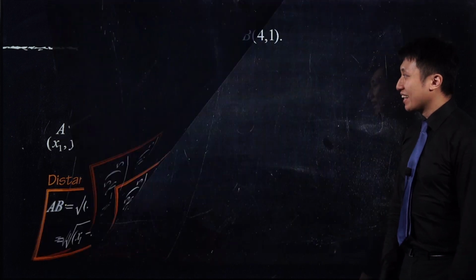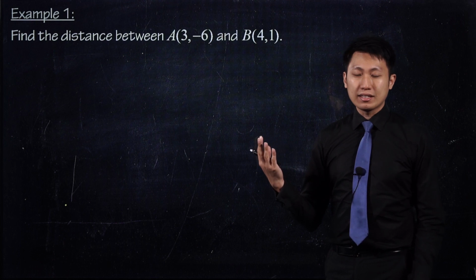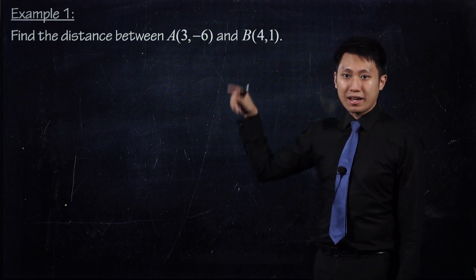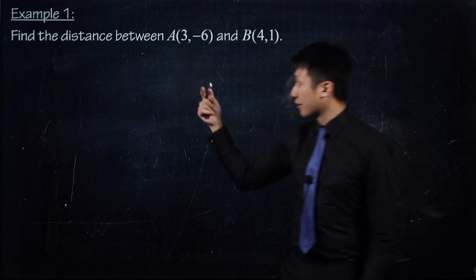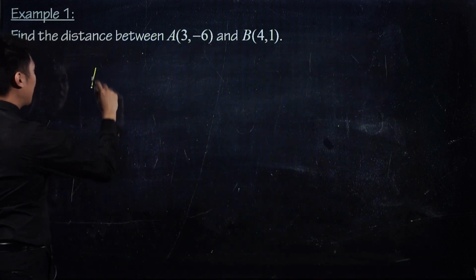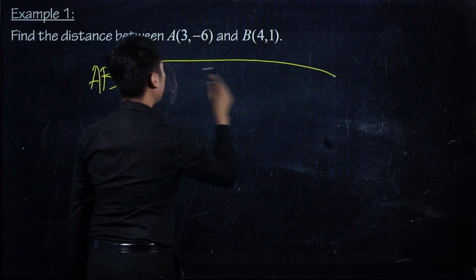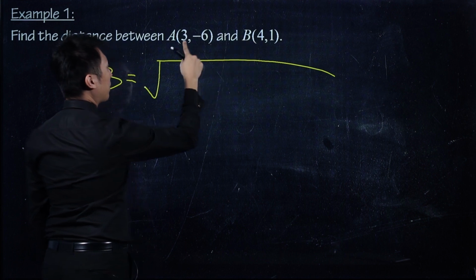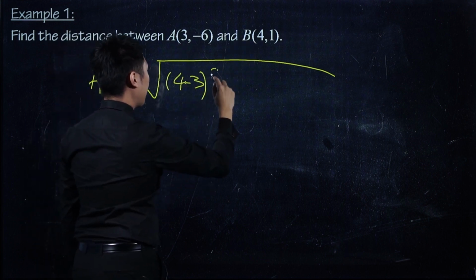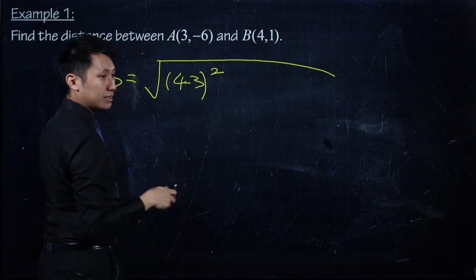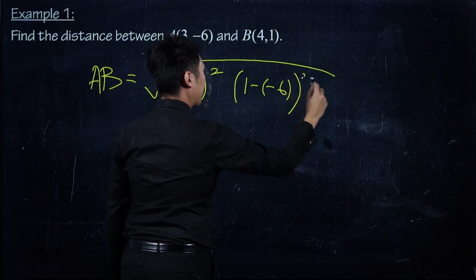Alright, so let's try on this one. Very, very simple one. Let's say I want to find AB, then I take x2 minus x1, then I square it and so on. So AB, the distance, is equal to square root of, I take x2 minus x1 squared, so 4 minus 3, I square it, then 1 minus minus 6, then I square it.